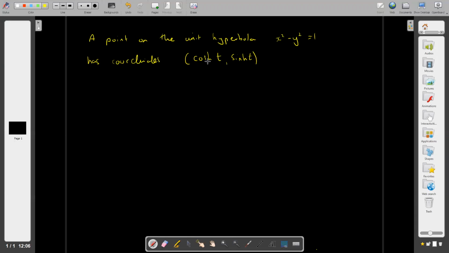So the hyperbolic is referring to it being on a unit hyperbola. So just a quick sketch of that. If I've got my axis down here, something along the lines of this.